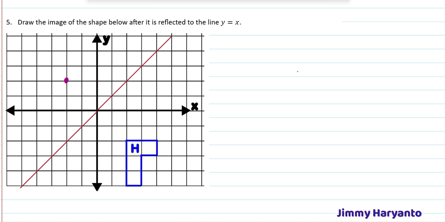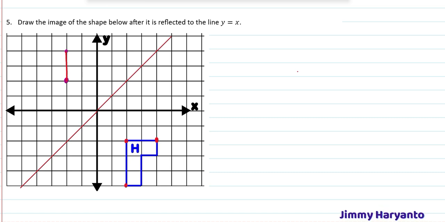Okay, let's choose another one. Let's say this one. You create a line diagonally, it will become like that, and then as you can see, this is 3 units diagonally. That means this one also, you extend the line, and then 1 2 3 units diagonally, the image will be right there, yeah. And then let's connect it, so it will be like that, yeah. Maybe we need one more points.